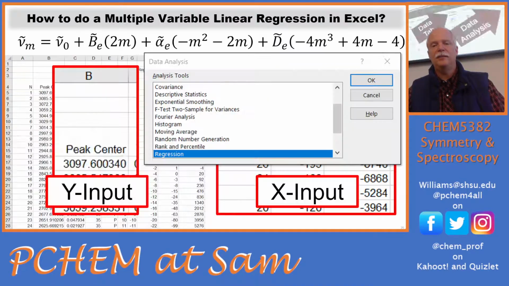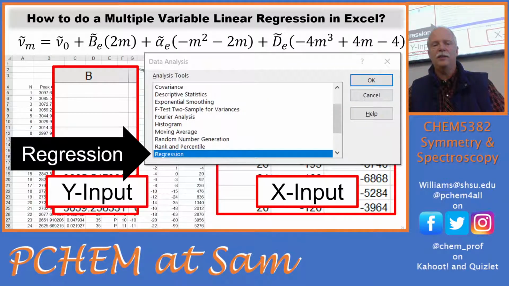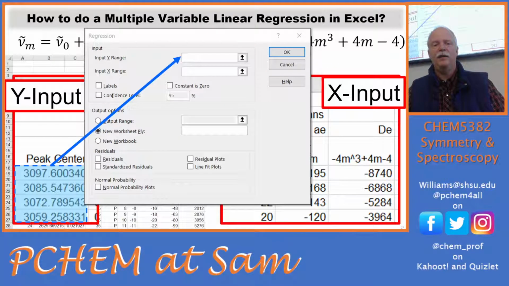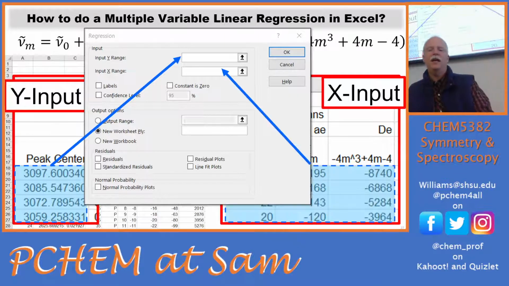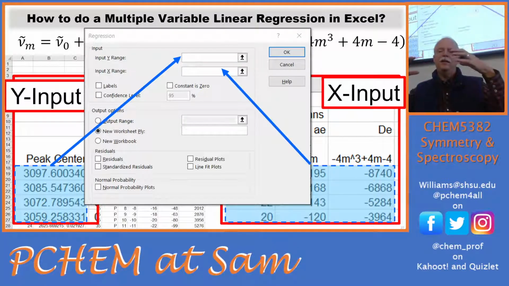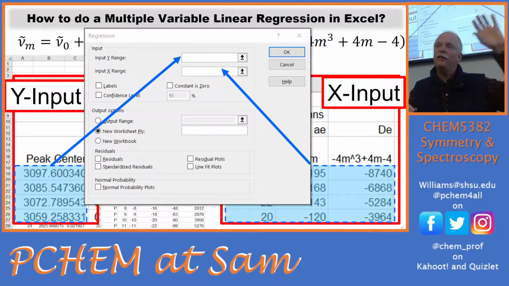If we don't have it, this is the procedure for getting it. Then we do regression, and then we have the Y input values and the X input values. So the independent variables are the quantum number variables, and the coefficients of each of those quantum number columns is what we're trying to model. And so then our Y values are always the frequencies in wave number.